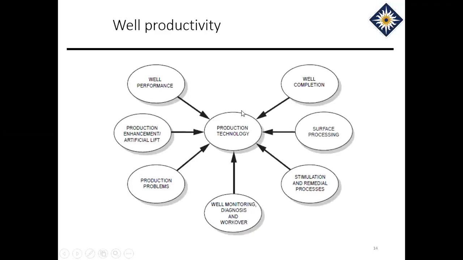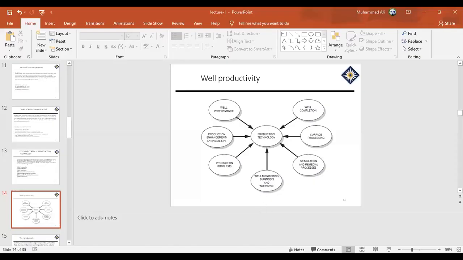Now, in technical terms, there are 7 major fields that a production engineer deals with: well performance, production enhancement, production problems, well monitoring, stimulation, surface, and so on. So let me show you some of the examples I have here.